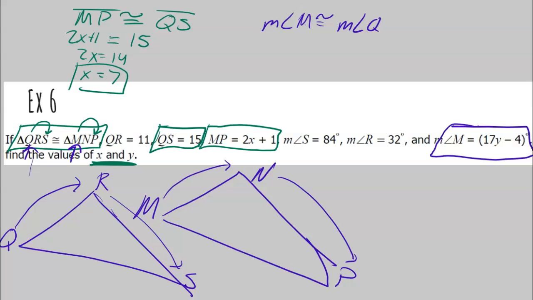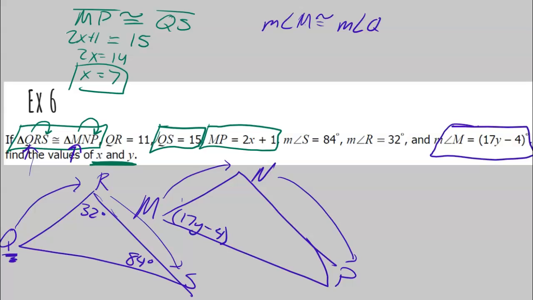All right, so over here we have the measure of angle S is 84 degrees. The measure of angle R is 32 degrees, but they told me nothing for the measure of angle Q, which is what I need. Over here, they just told me that the measure of angle M is 17y minus 4.